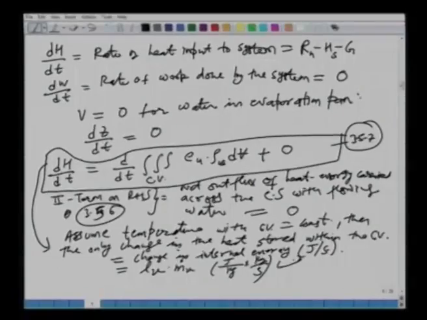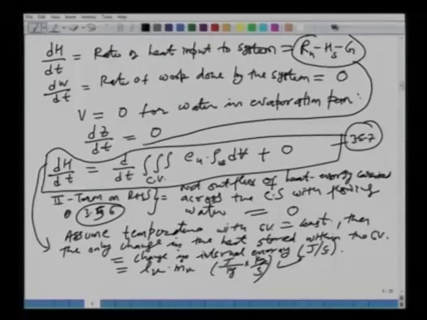So, if we use this equation, and let me say that Rn minus Hs minus G is your dH by dt, you are going to put this in this equation here, and this whole thing, the d over dt of the triple integral of EU rho w dV, is LV mv dot.